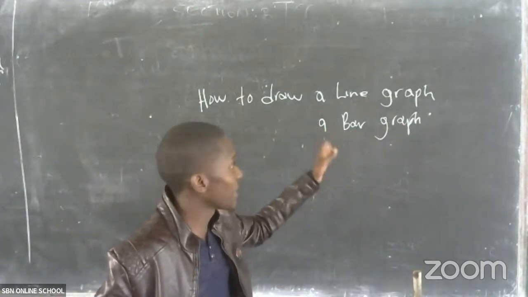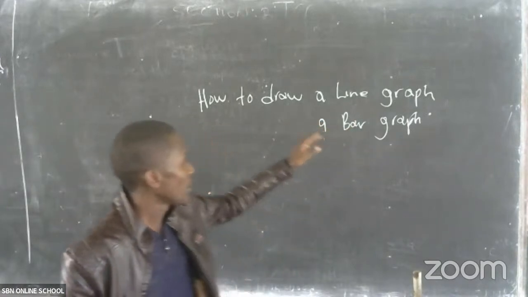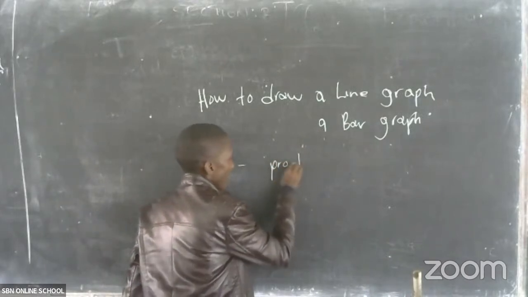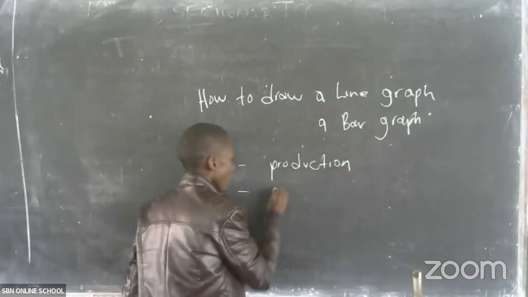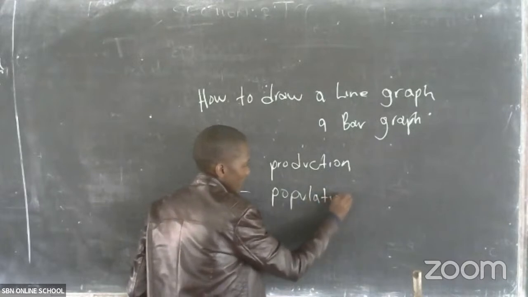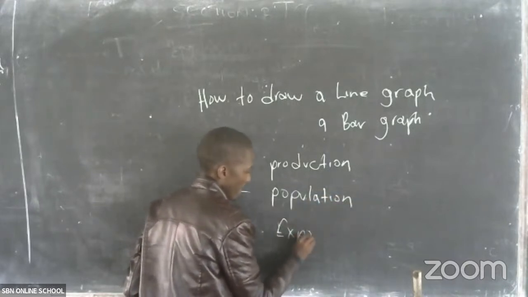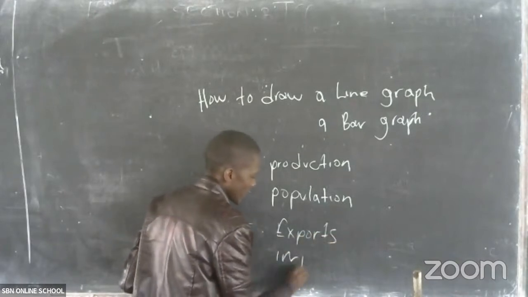A combined bar line graph is for climate, but this one, specifically, we are looking at things like production, population, exports, and imports.